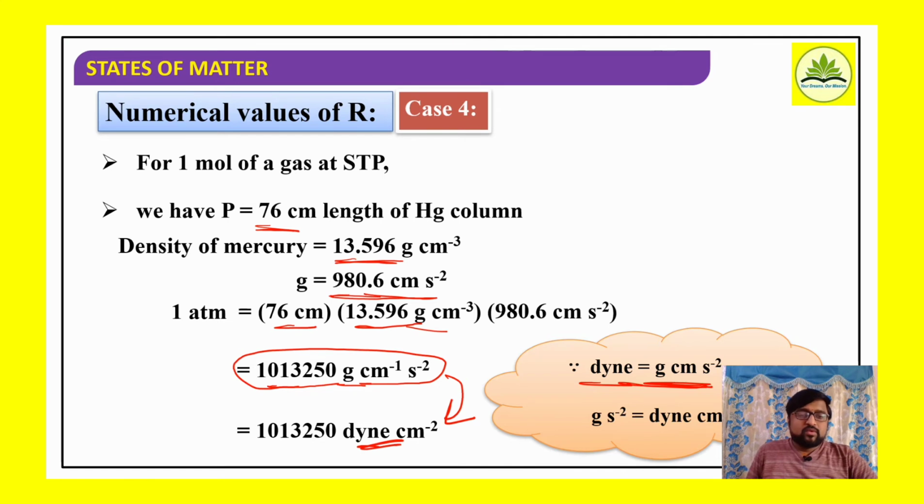So 1 atmosphere is equal to 1013250 dyne per centimeter square.